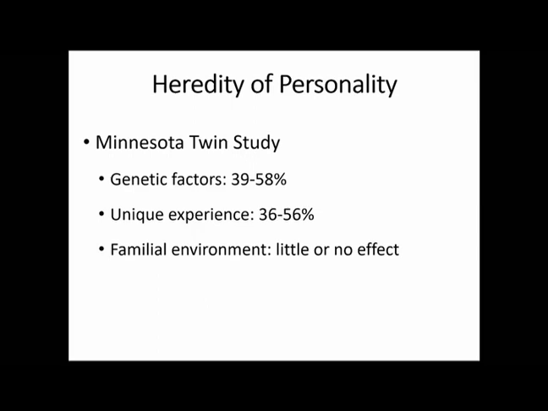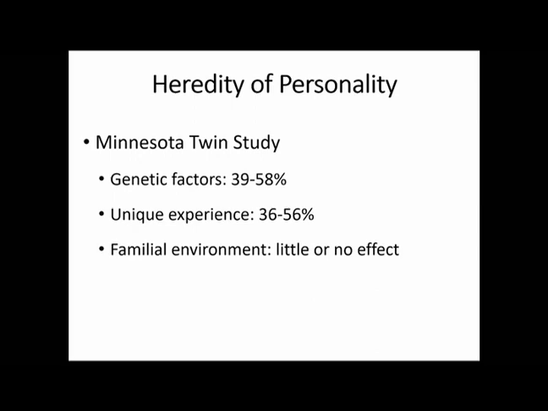So if we look at one study, the Minnesota Twin study, looking at personality, this is one of the largest and best known studies of this kind. They ended up looking at 400 pairs of twins, so 800 different people who had been either adopted or not adopted, and who were twins, either identical or fraternal twins.